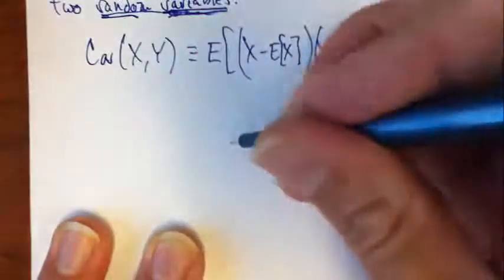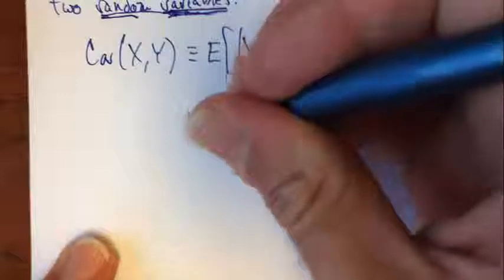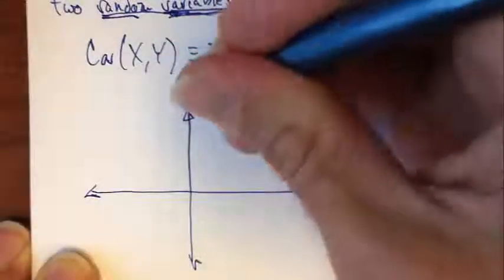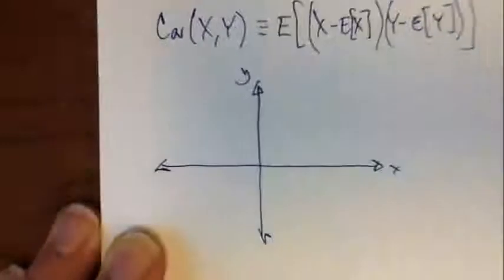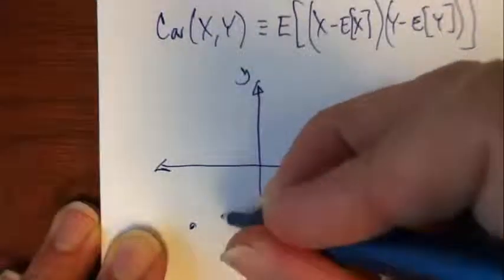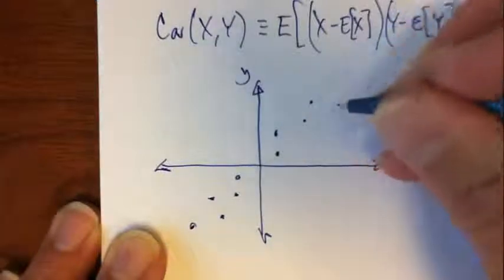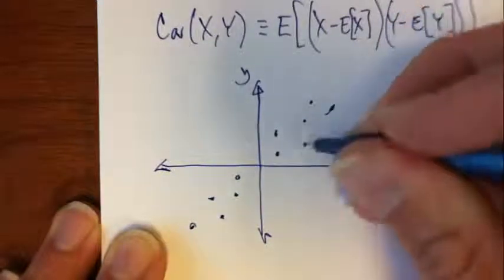Let's check out a couple of cases here. Let's say I have my x variable running along the horizontal axis, and my y variable takes on values along this vertical axis. Let's say I take some data points. I'm going to think statistically here.